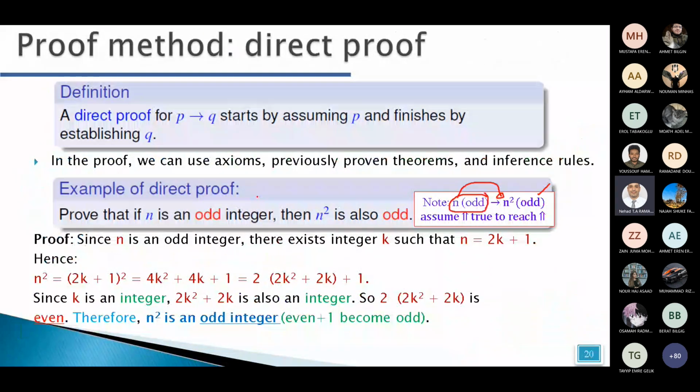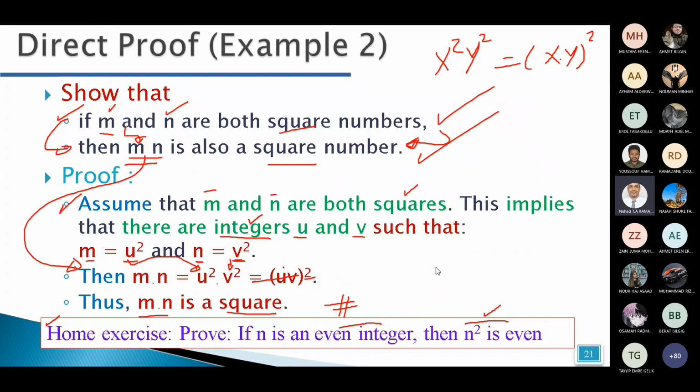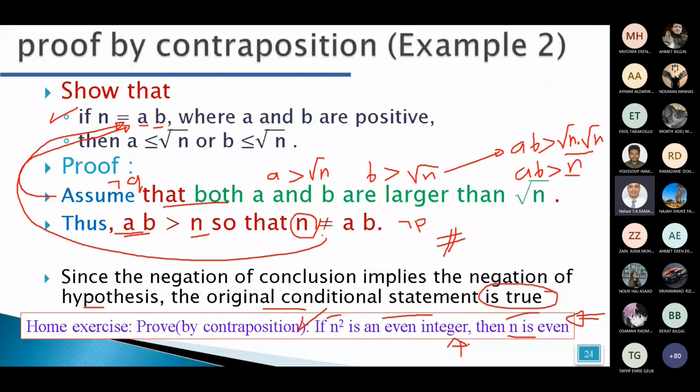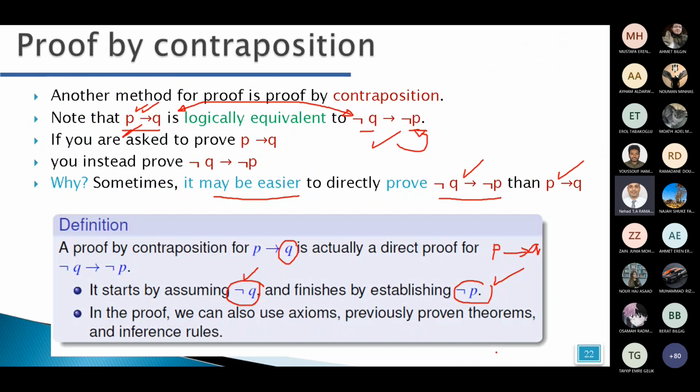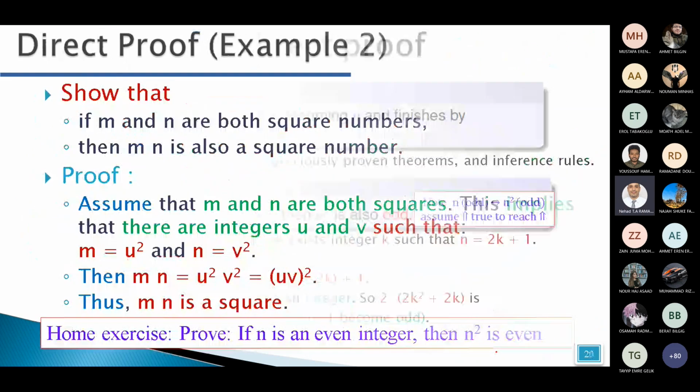If you look, this statement is actually the contraposition of this statement. So if you take the contraposition of this statement, then the proof becomes very easy. You can use the same proof as here.